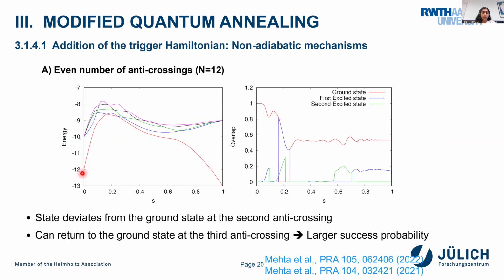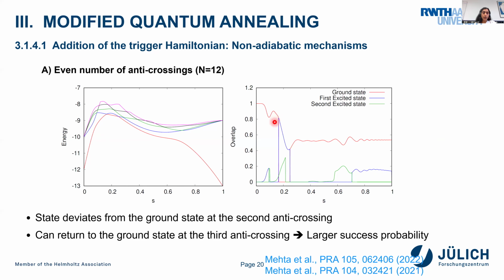So this is a plot for the overlap of the state of the system with the instantaneous ground state, first excited state, and second excited state. And from here, we see that at S equal to 1, we start in the ground state of the initial Hamiltonian, and some of the amplitude is then transferred to the first excited state at the first anti-crossing.